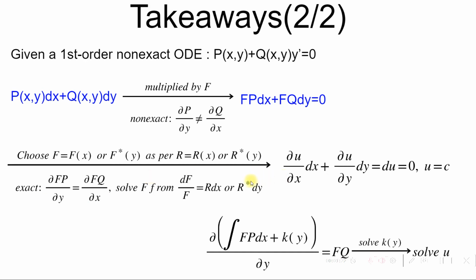So if we manage to solve f, then we can prove that this one is exact, and therefore we can designate the total derivative of u to this equation. So we can solve u by simply integrating, just as what we did in the previous slide.